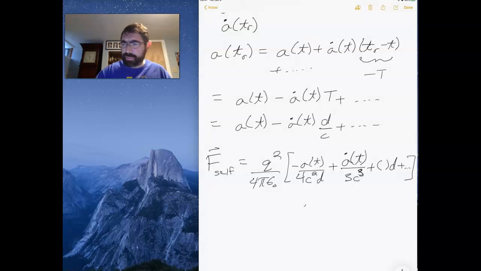So again, this is the d to the minus 1 term, d to the 0 term, d to the 1, d to the 2, and so forth and so on. Okay, so the first term is in the acceleration. So this is Newton's second law, right here.